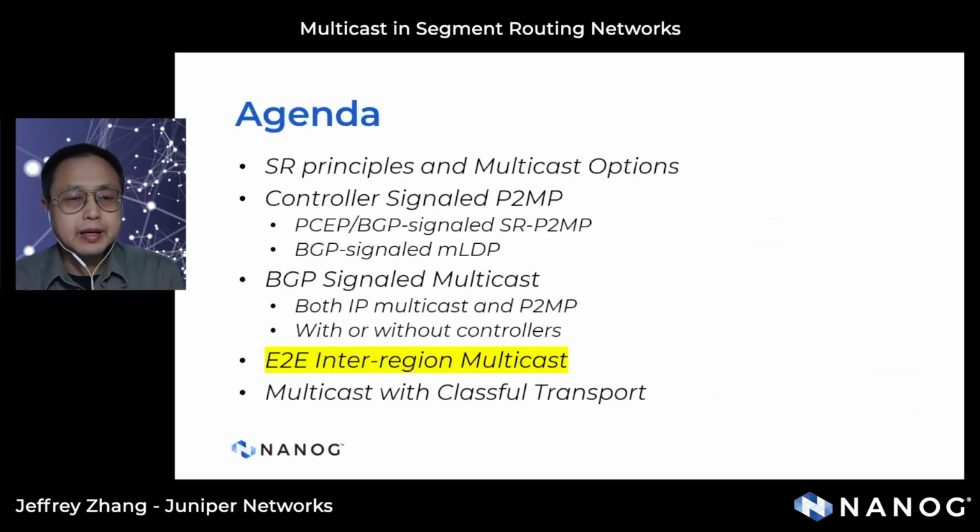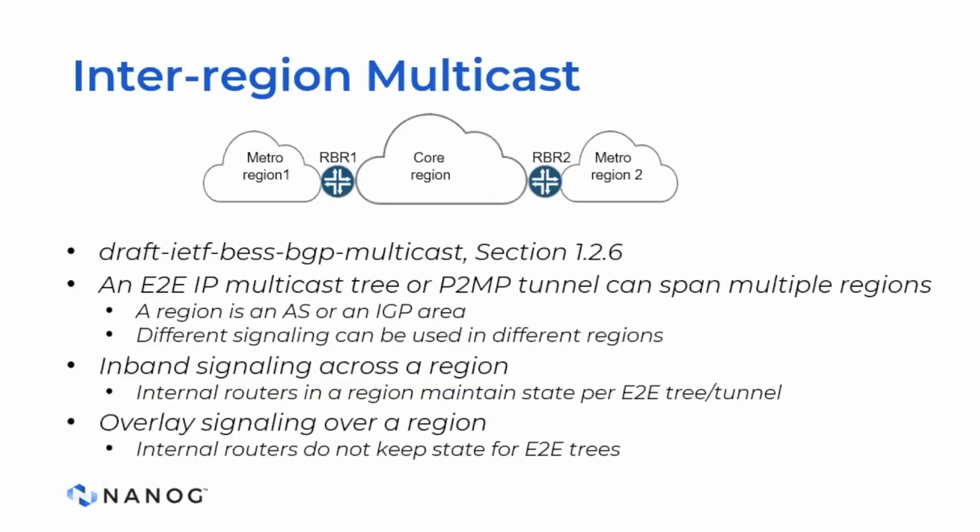So now let's talk about end-to-end inter-region multicast. A multicast tree can span multiple regions. Here, a region could be an AS, autonomous system, or it can be an IGP area. And you can use different signaling in different regions. Between the regions, we have these routers called RBRs, or regional border routers.